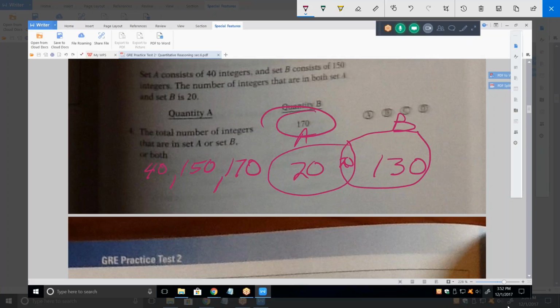So what do you think the answer is? D. Because at least 2 of the answers are less than quantity B and 1 is equal. You're absolutely right.